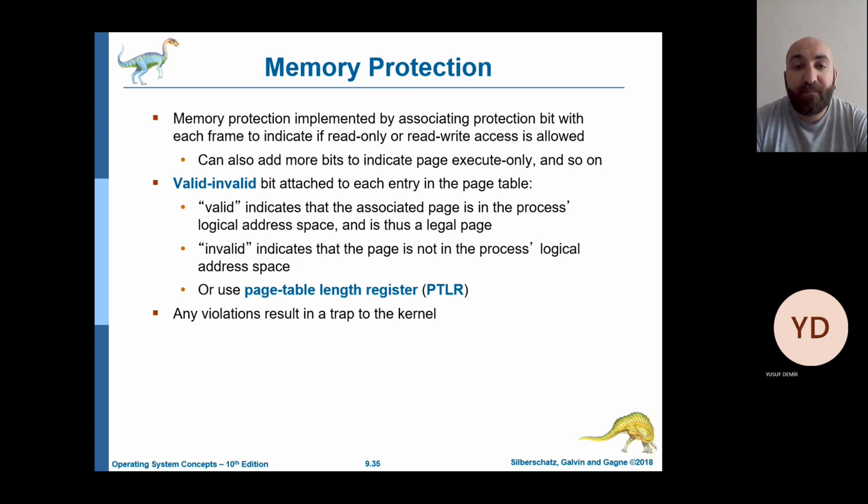When the bit is set to invalid, the page is not in the process's logical address space. So that means it's an illegal move. Illegal addresses are trapped by use of the valid-invalid bit. The operating system sets this bit for each page to allow or disallow access to the page.